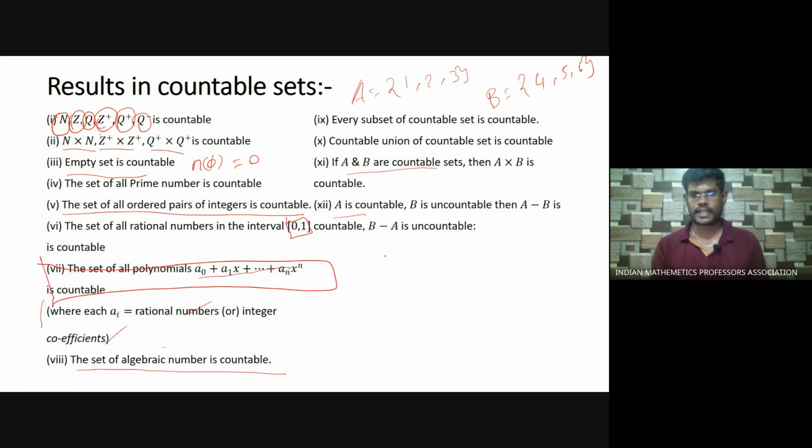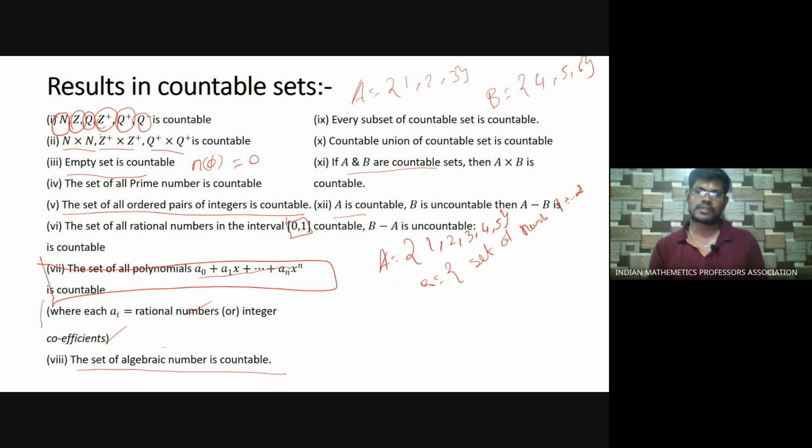We can take A equal to the countable set {1, 2, 3, 4, 5}. Let us check with B, where B is the set of all numbers from 1 to infinity.